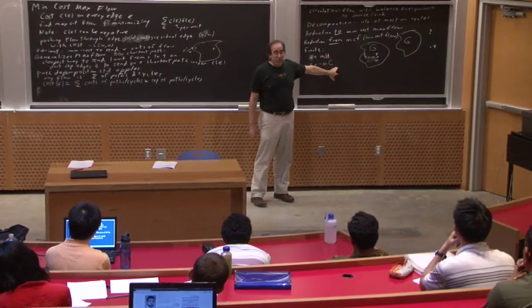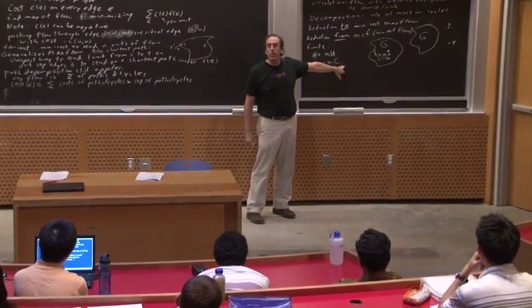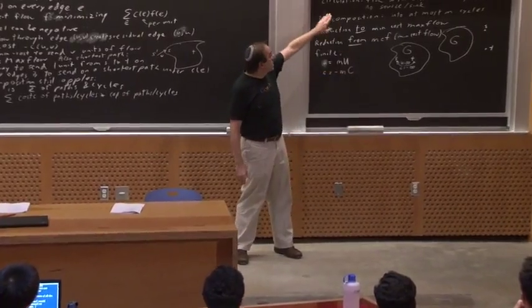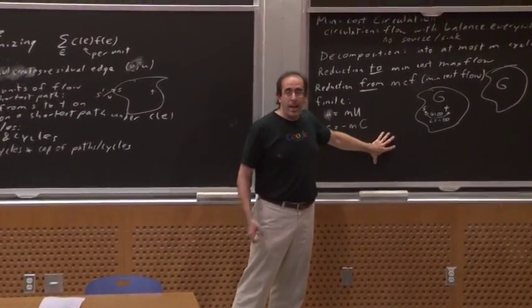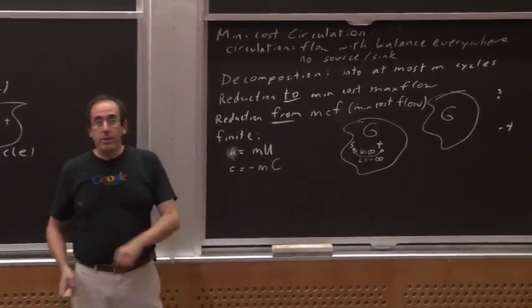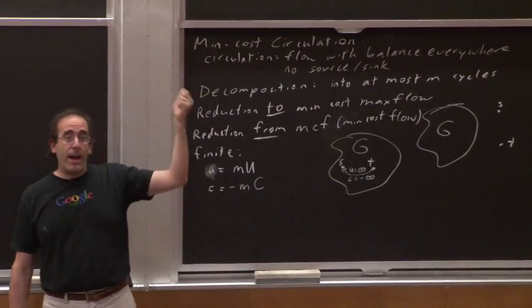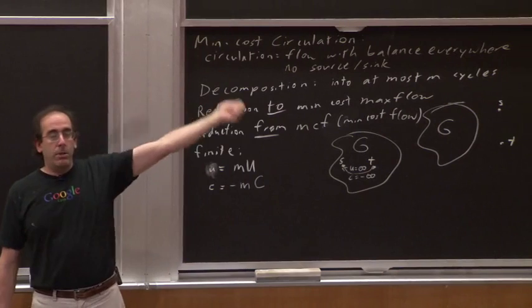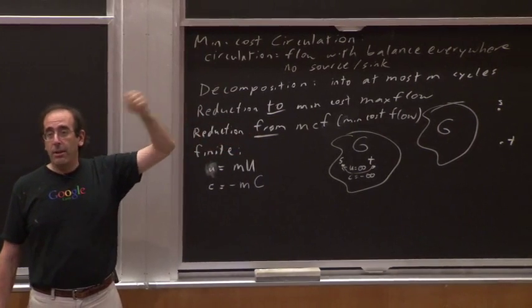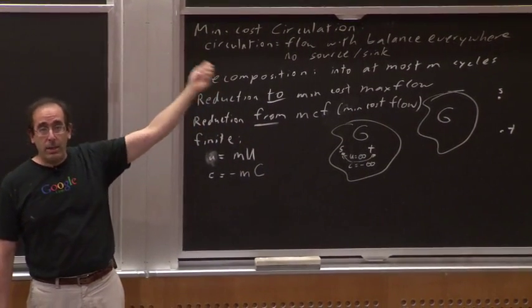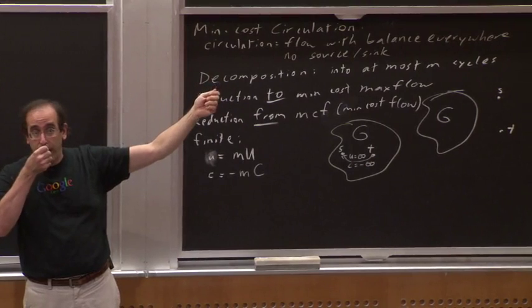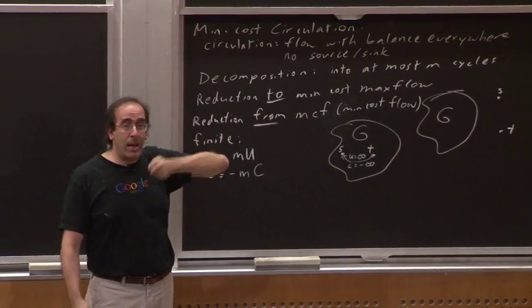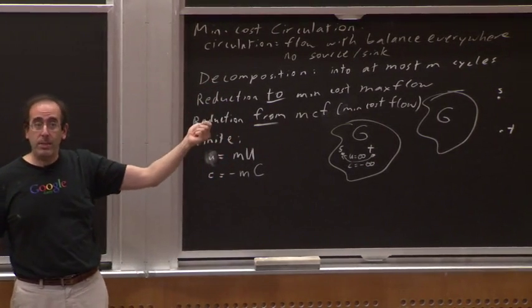I claim I can actually make a slightly better argument, okay? Because of what we just said, we have these decomposition arguments, right? So how does flow go from S to T? It goes on paths, right? So if we upper bound the cost of a path, that will upper bound the cost of any flow traversal. So do we need M times C to upper bound the cost of a path from S to T?